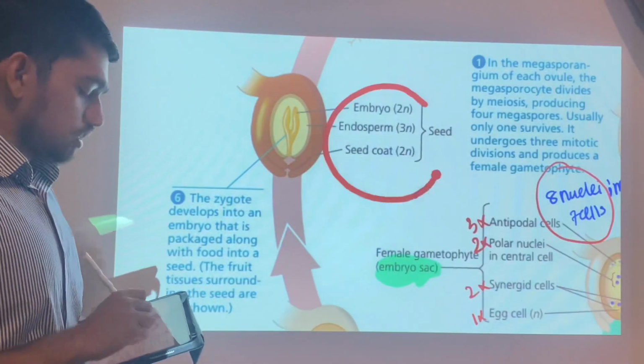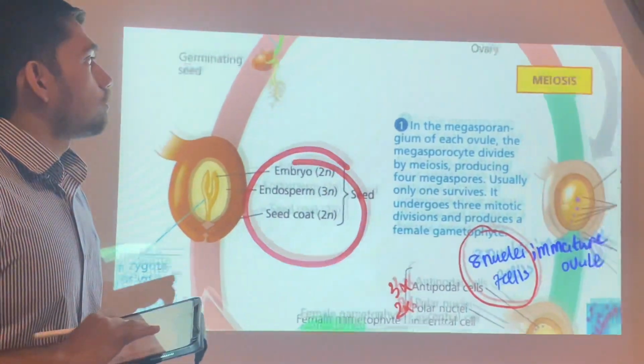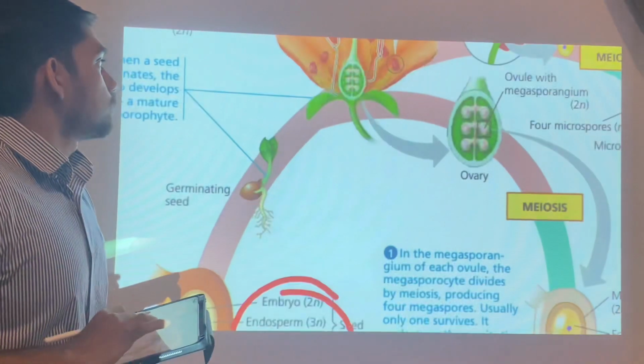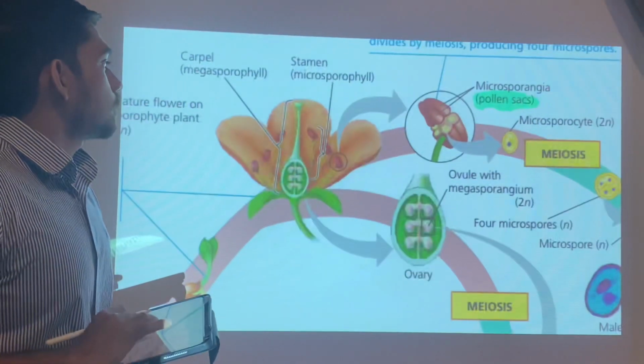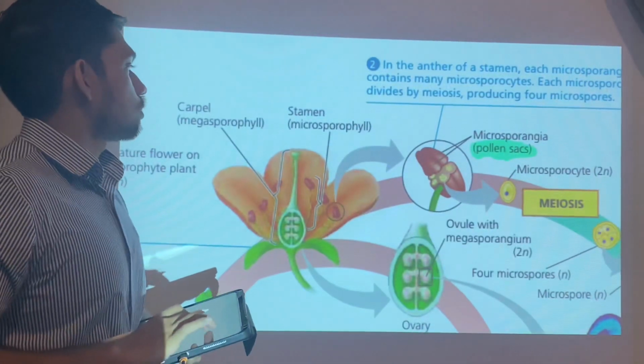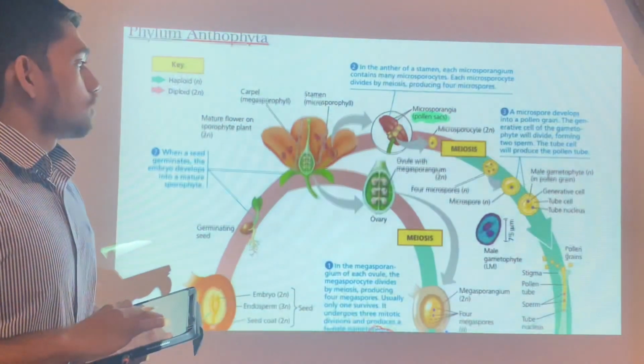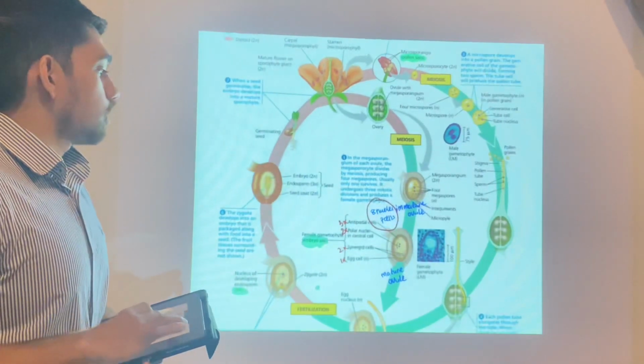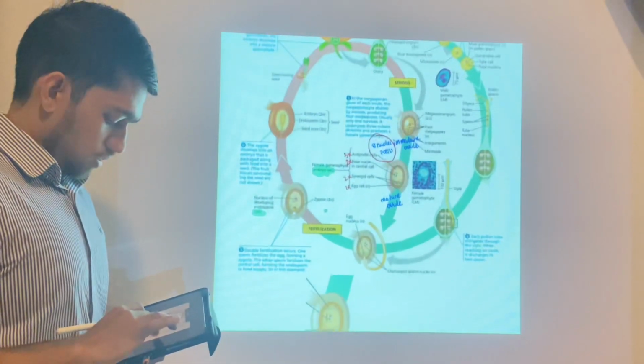So this is the seed of a flowering plant. That seed will germinate if dispersed to a suitable habitat and will become a sporophyte. A sporophyte will produce a reproductive structure, the flower, again. So this is the idea.